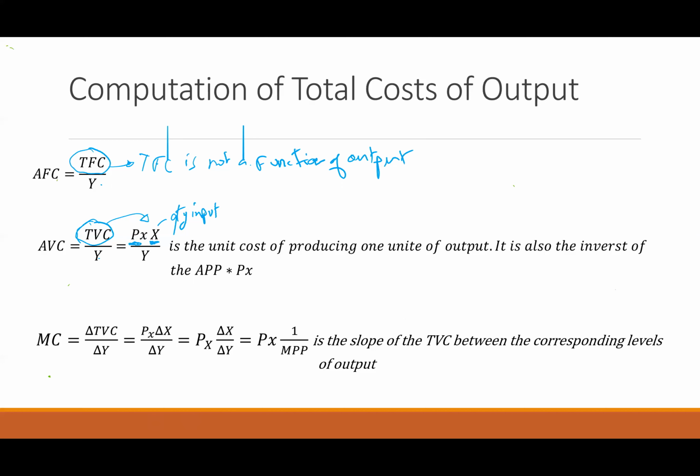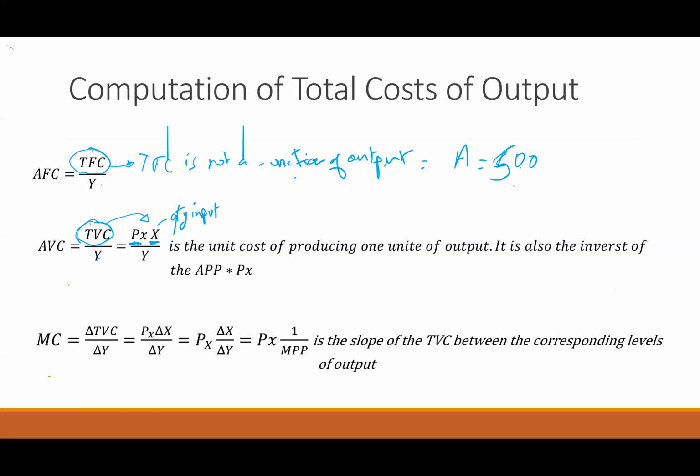It's not a function of output, and usually it is a number. Number A that can be 500. And so there's nothing to say about it.